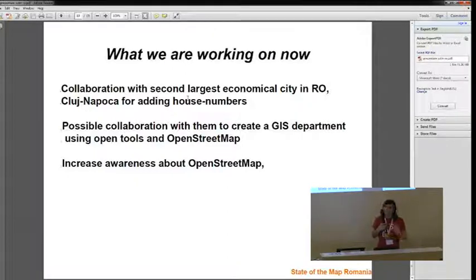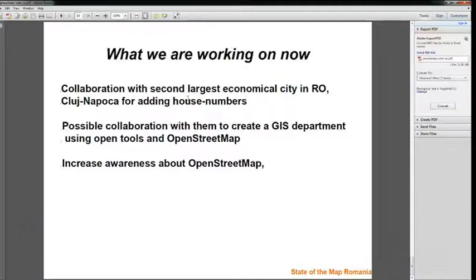Also to increase the awareness about OpenStreetMap and to bring other people, especially from geography faculties, because a lot of geography faculties in Romania don't even know about OpenStreetMap, and we are trying to fix this situation. And also more mapping parties. And that's about it for the presentation because it has to be short.